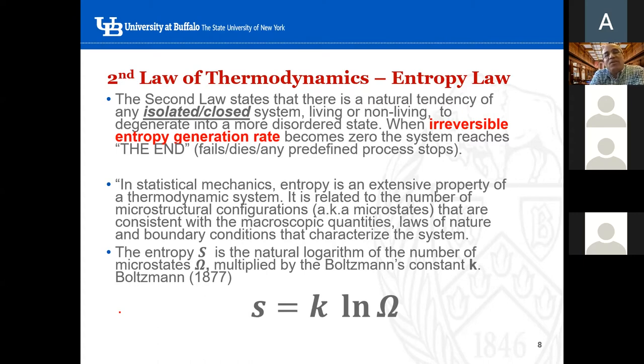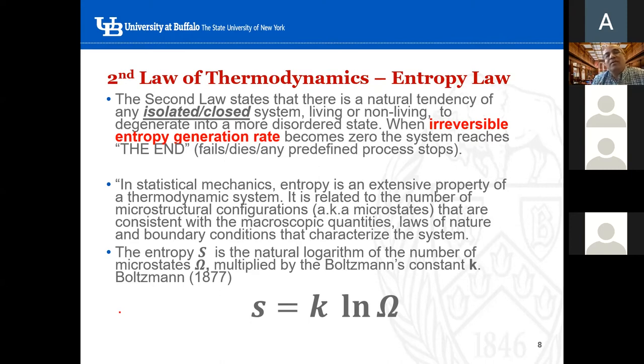His formulation shows that there is a natural tendency of any isolated closed system, living or non-living, to evolve into a more disordered state. So the state continuously changes, and after a while the system dies. It can no longer generate entropy, so the irreversible entropy generation rate becomes zero. The system reaches the end.